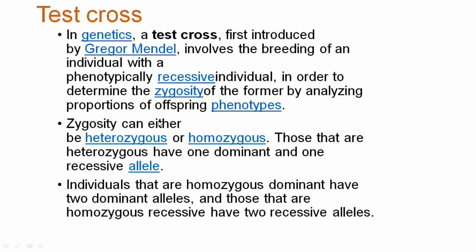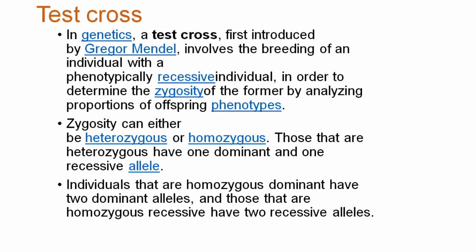In genetics, a test cross, first introduced by Gregor Mendel, involves the breeding of an individual with a phenotypically recessive individual in order to determine the zygosity of the former by analyzing the proportions of the offspring's phenotype. That means in the backcross, we cross the F1 hybrid with either of the parents, either dominant or recessive.